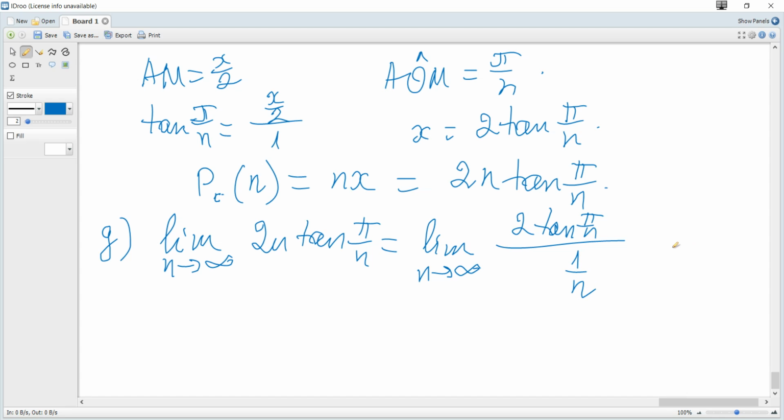It's the same, but now when n tends to infinity, it means n is very large.